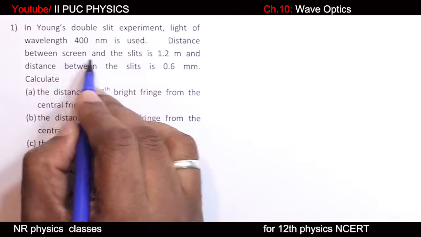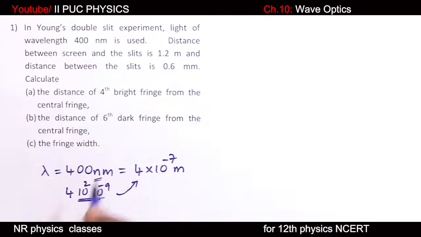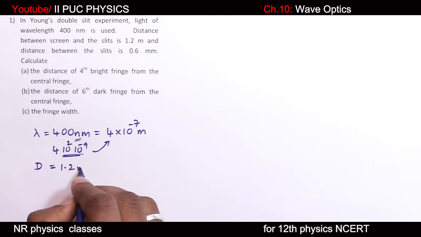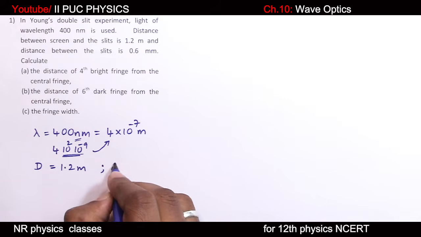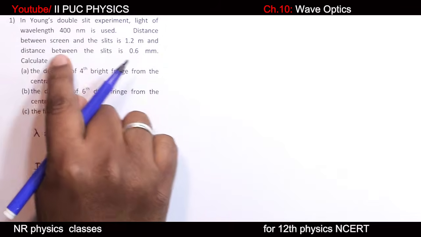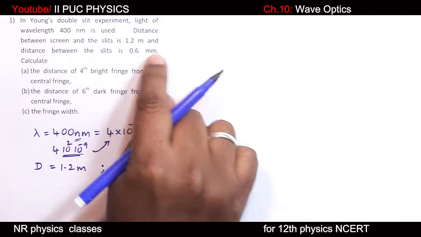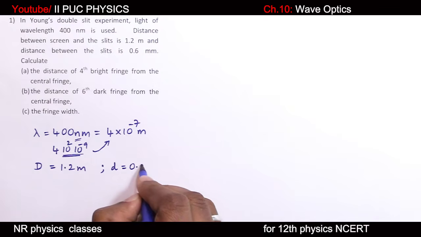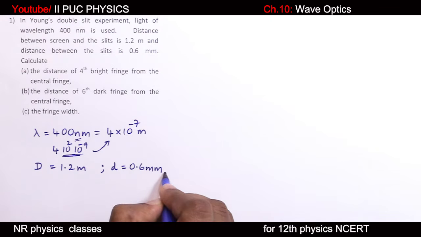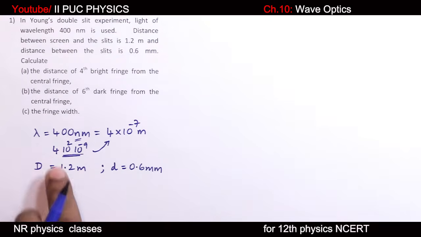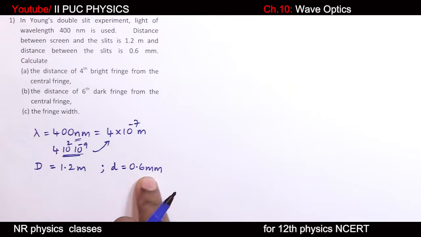Distance between screen and the slit is 1.2 meter. That is capital D. Small d, distance between the slits, is 0.6 millimeter. So we have all the terms.